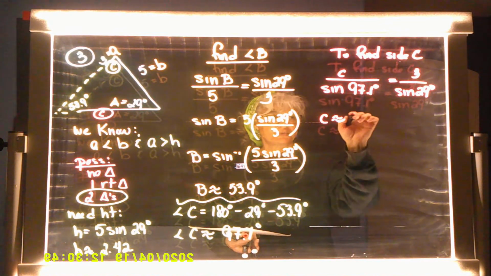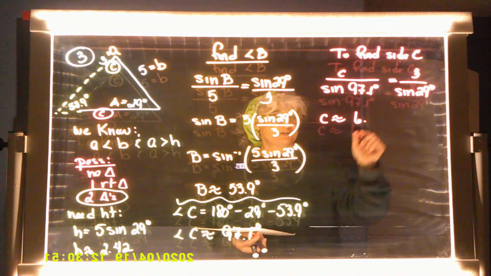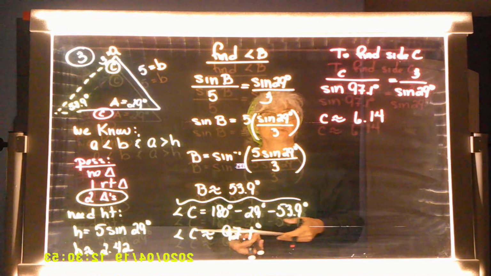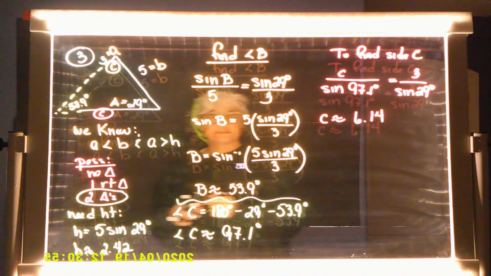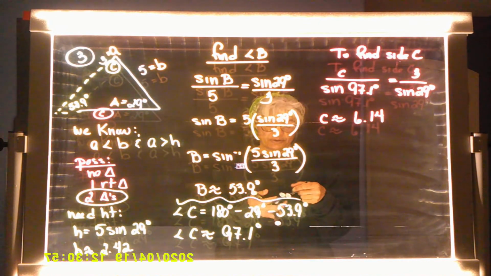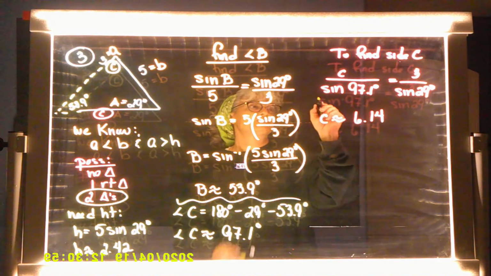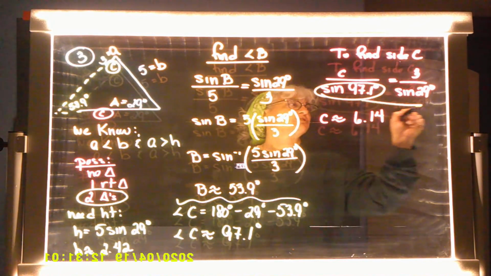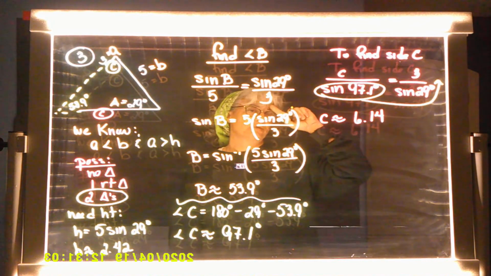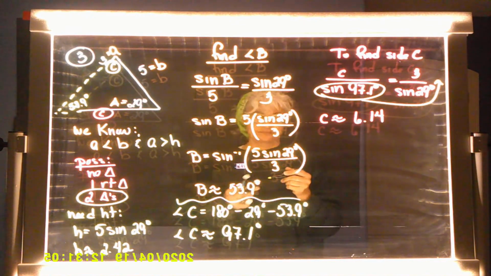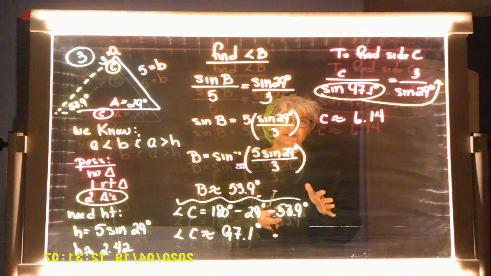I get C is approximately 6.14. Cool? Remember, I took this and I multiplied it to the other side so I could cancel it off. All right, you with me so far?